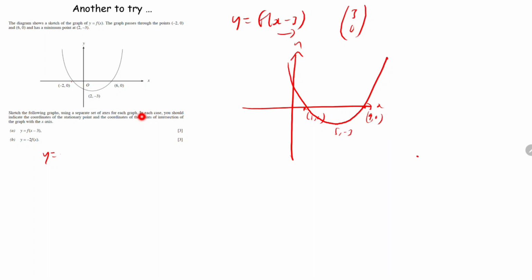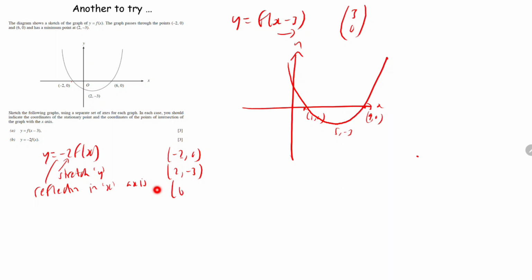Then we've got the transformation y equals minus 2f of x. So we'll do both of these in one go. This is going to be a stretch in the y direction, and this is going to be a reflection. So the 2 is a stretch in the y direction, and the minus 2 is a reflection in the x-axis. Our original coordinates are (-2, 0), (2, -3), and (6, 0).